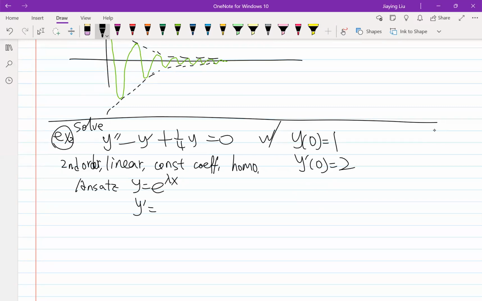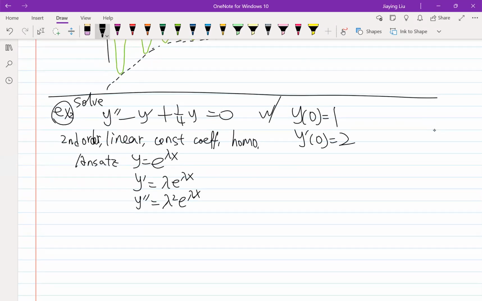We need to know the derivatives. I'm just going to write them down quickly because at this point, I'm sure you all feel confident to find them. And then plug into the differential equation. We get lambda squared e to the lambda x minus lambda e to the lambda x plus 1/4 y equals 0. y is e to the lambda x.